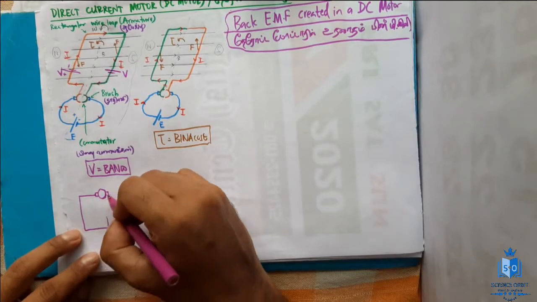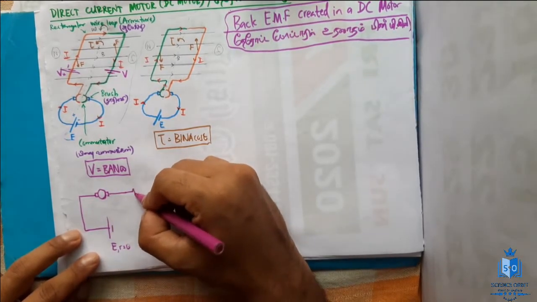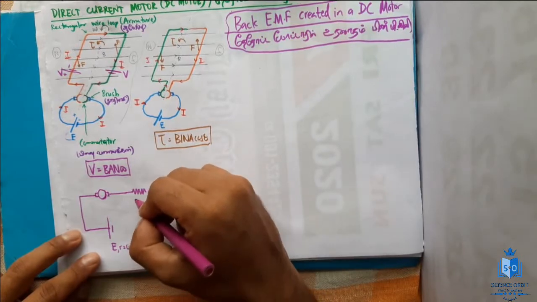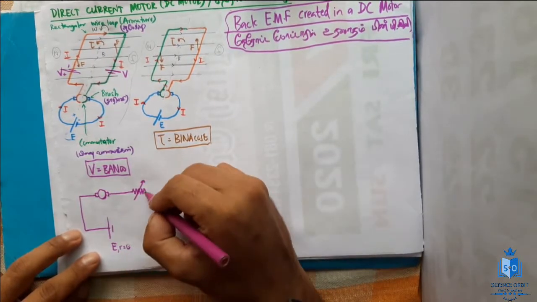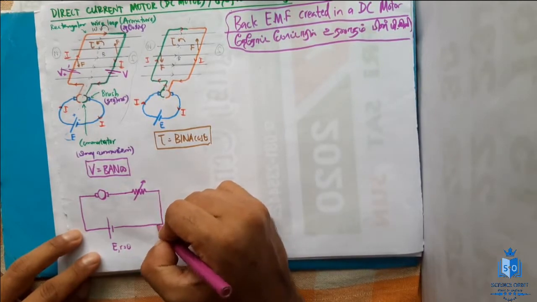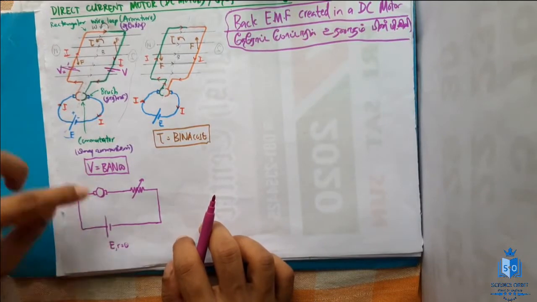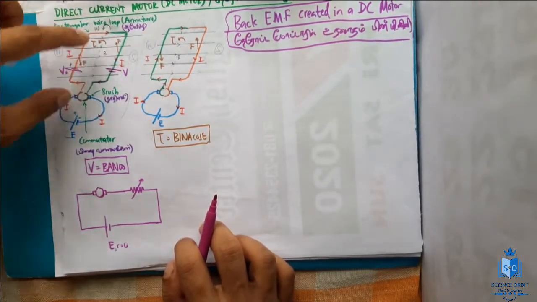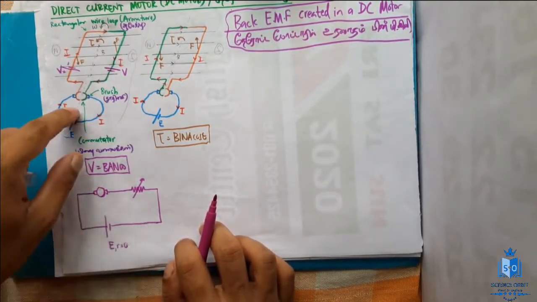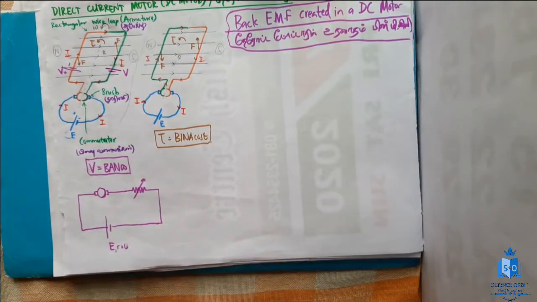And there is another very important aspect we have to mark. There will always be a variable resistor. I have drawn that here, and this one is not mentioned here, but I have drawn it as a variable resistor.